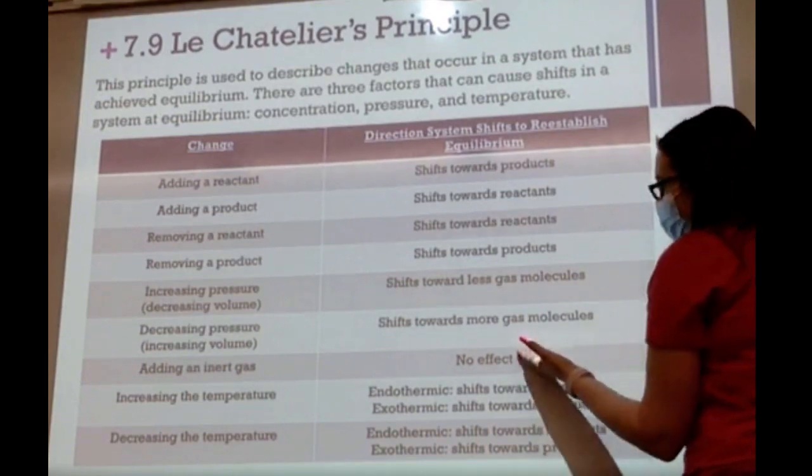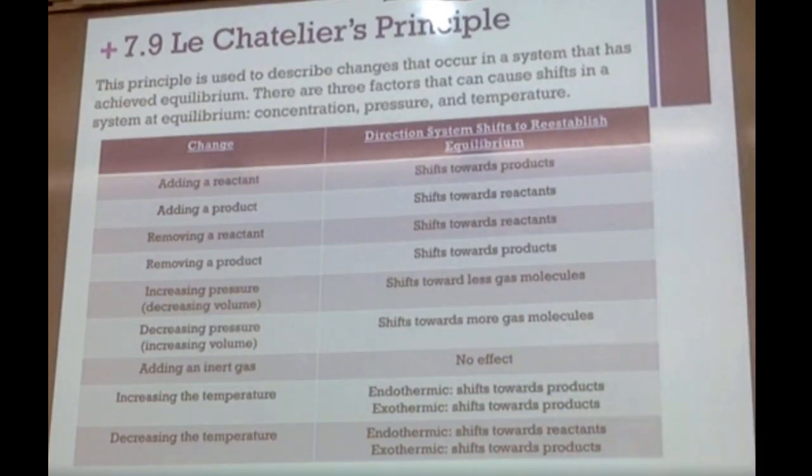Adding an inert gas, that's not in the K expression, is not going to affect anything. The only thing that affects K, the equilibrium constant, is temperature. Nothing else affects the equilibrium constant except for temperature, just like nothing affects the rate constant except for temperature.